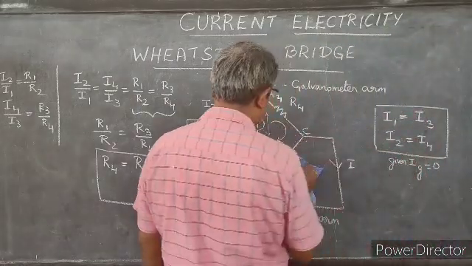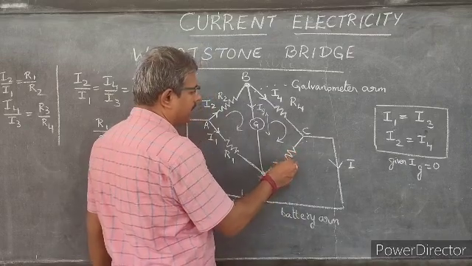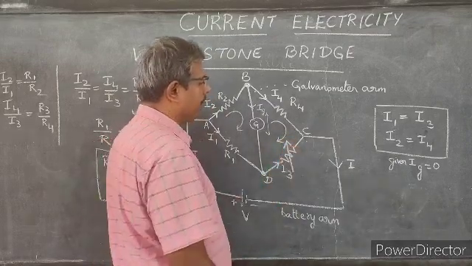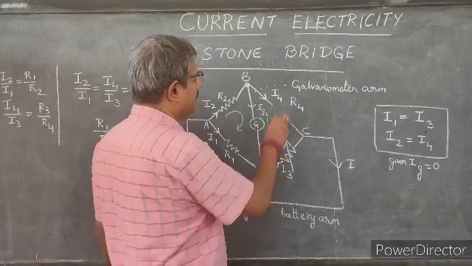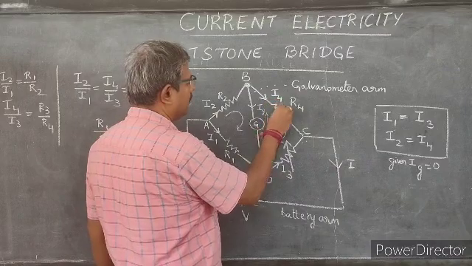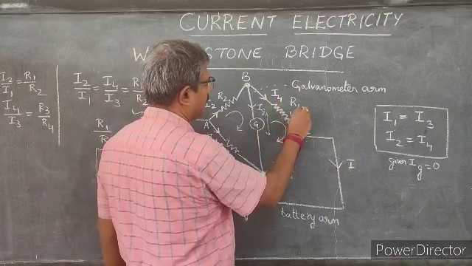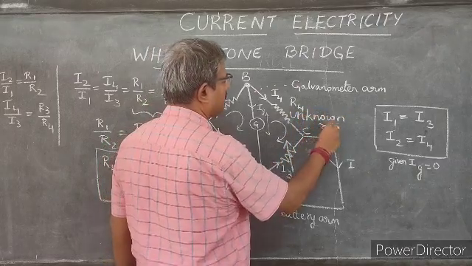So I can change this particular resistor to be a variable resistor, and this resistor to be the unknown resistor.